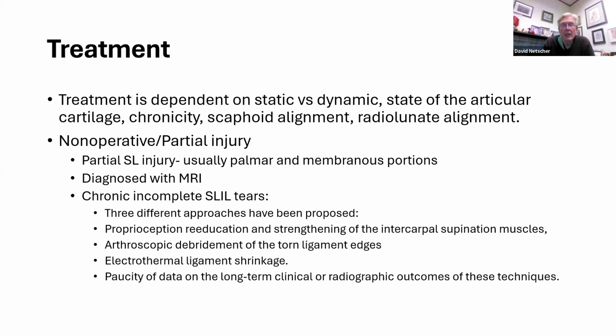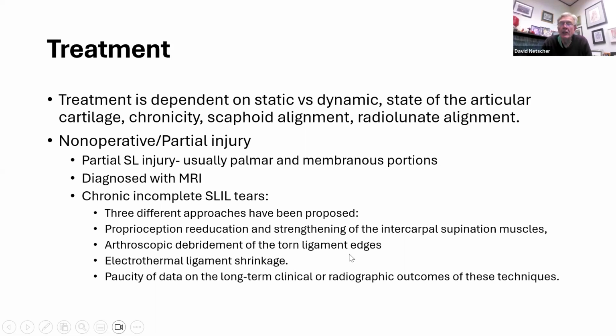And there you might do therapy with wrist raises to enhance the stabilizers of the wrist, or you might do an arthroscopic debridement of the ligament edges, or something that's gaining popularity, you can do electrothermal ligament shrinkage through the scope.